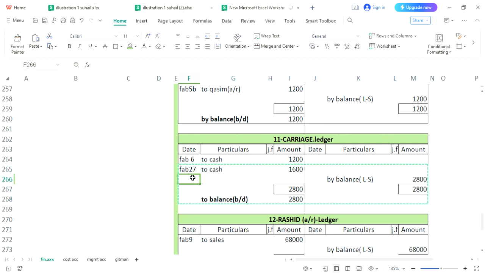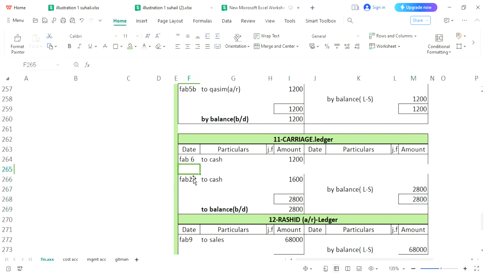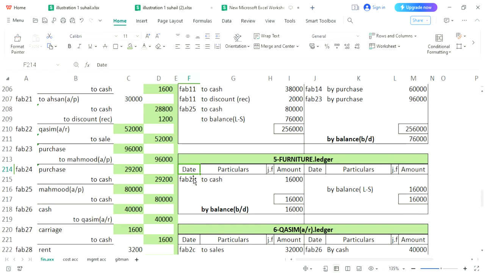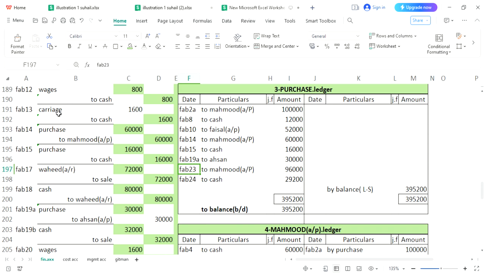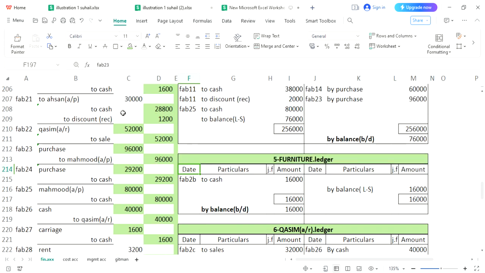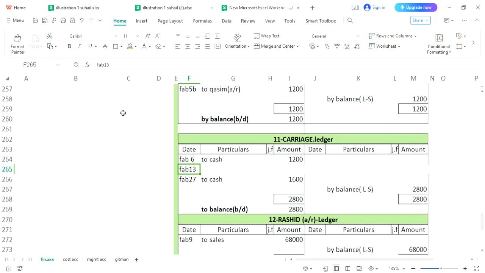So you are going to make some place for February 13, and we have seen that entry was present on the debit side. Let's go back to February 13, and here you can see carriage is present 1600, and you are going to put this amount 1600 over here.